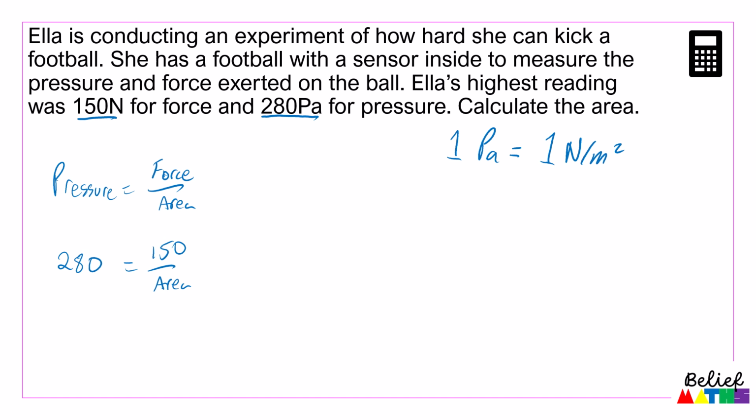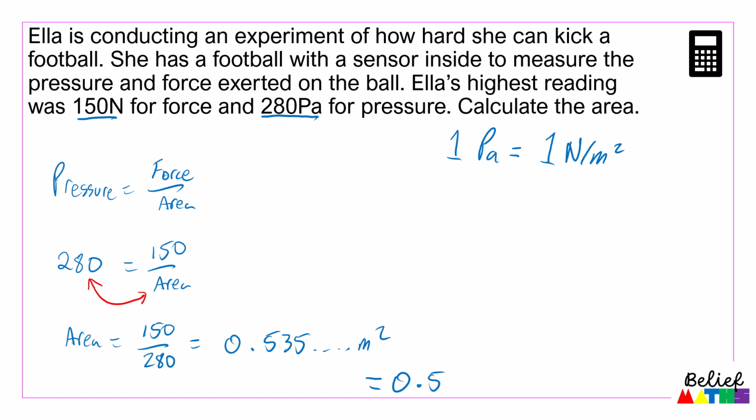Now if you've watched the video on solving equations, you'll know that if our unknown is on the bottom, we can just swap these two things around to give us our answer of area is equal to 150 over 280, or if we put that in our calculator and get a decimal, we get 0.535, etc. And again, that's meters squared. So then our answer to sensible rounding is 0.54 meters squared. So that was the area of contact.